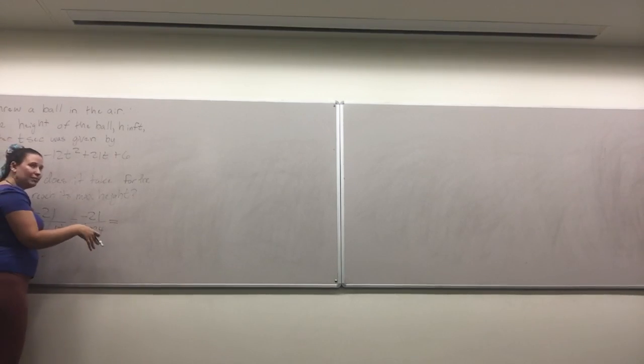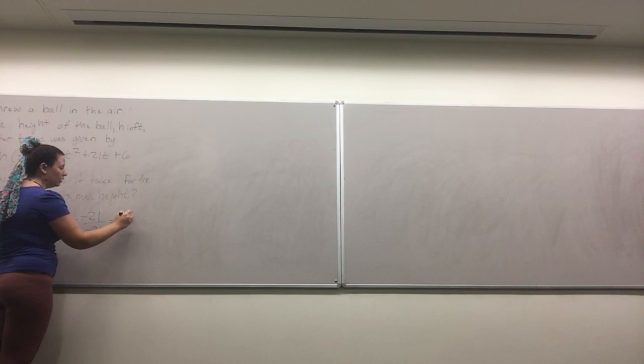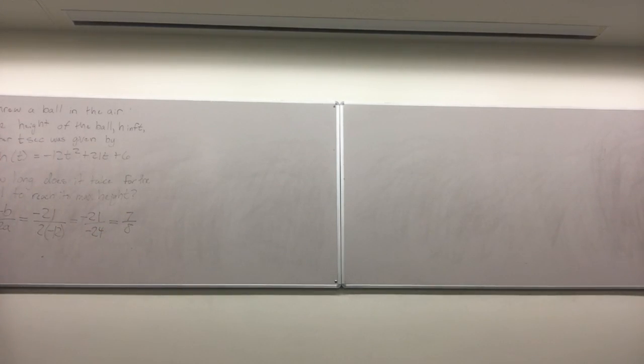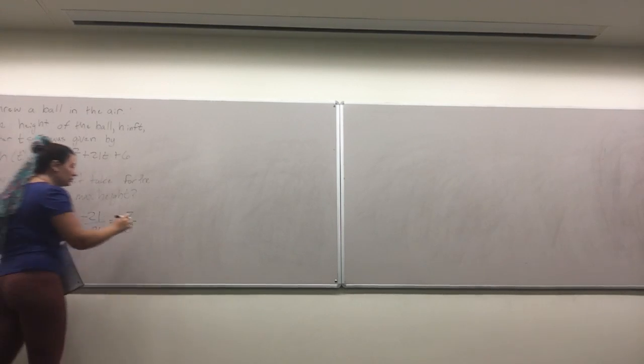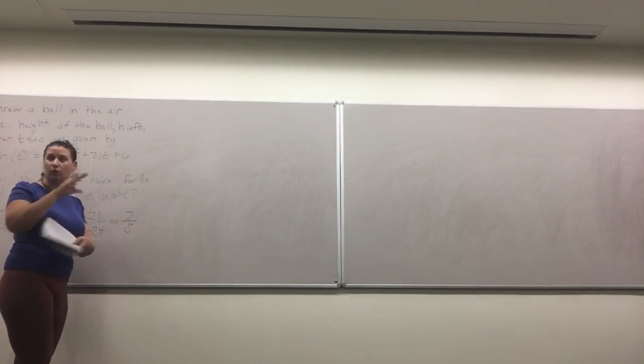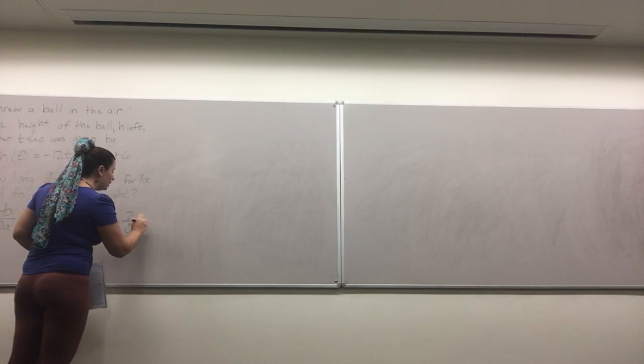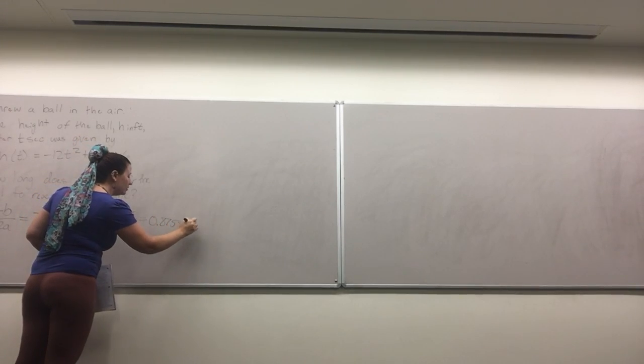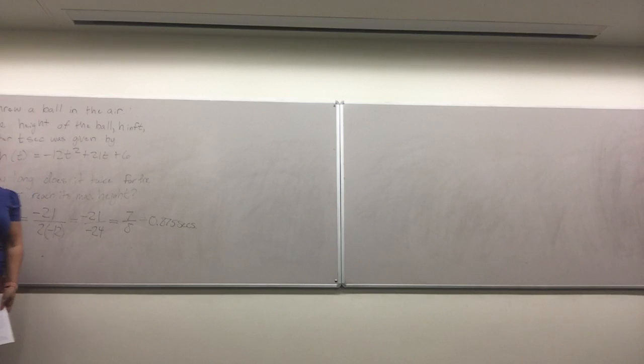If we take a 3 out of both, we get 7/8, which possibly they would want in decimals for once in this whole class so far. It would be 0.875 seconds. Just put it in the calculator.